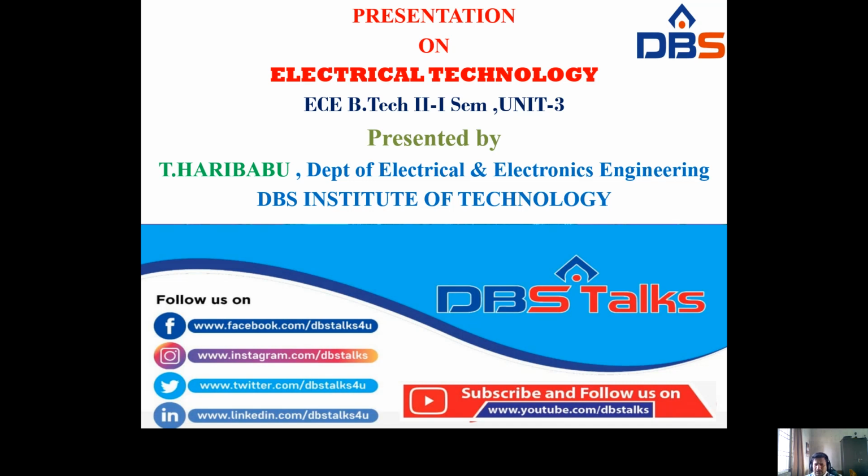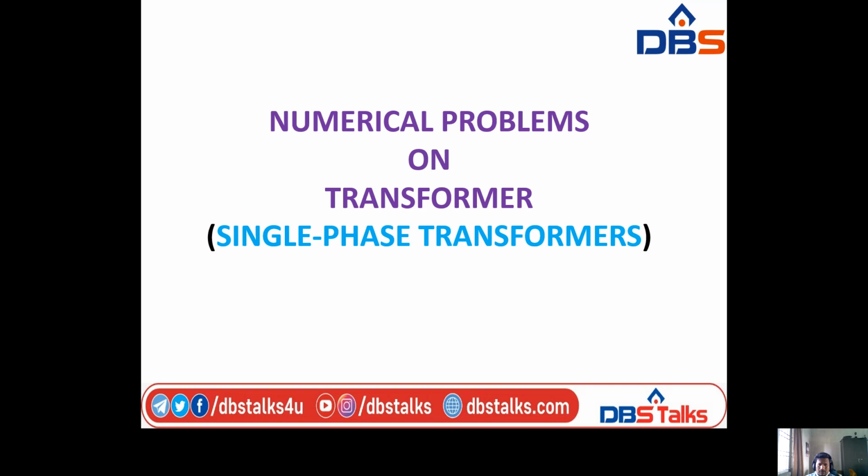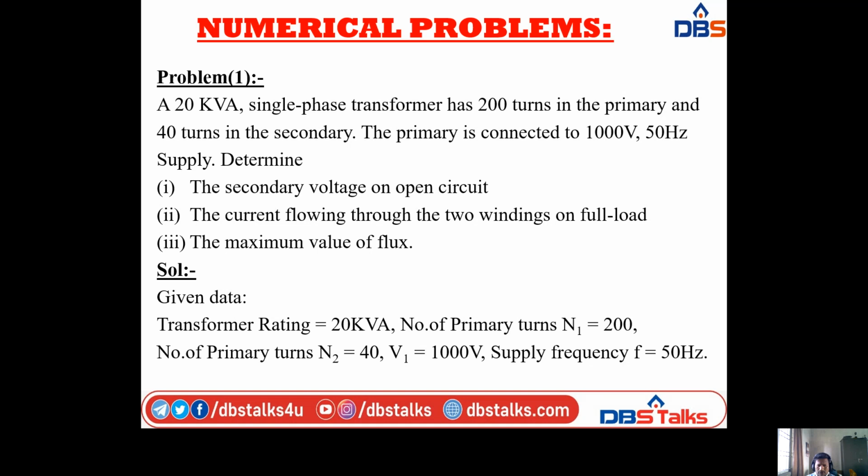Now we go for the numerical problems on the EMF equation of a single phase transformer. Problem 1: A 20 kVA single phase transformer has 200 turns in the primary and 40 turns in the secondary.